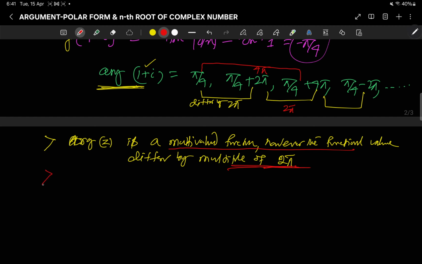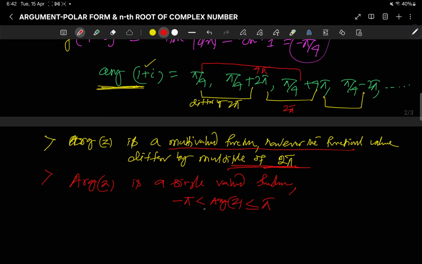However, the principal argument of z is a single valued function, right? And as such, its functional value satisfies minus pi less than arg z less than or equal to pi. So it lies between minus pi and pi.